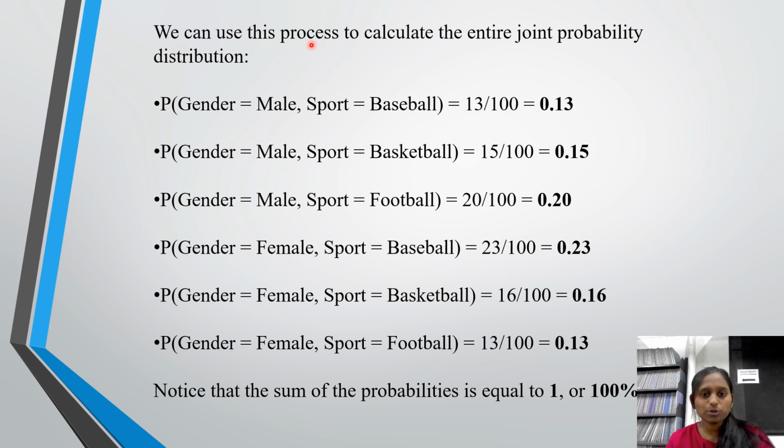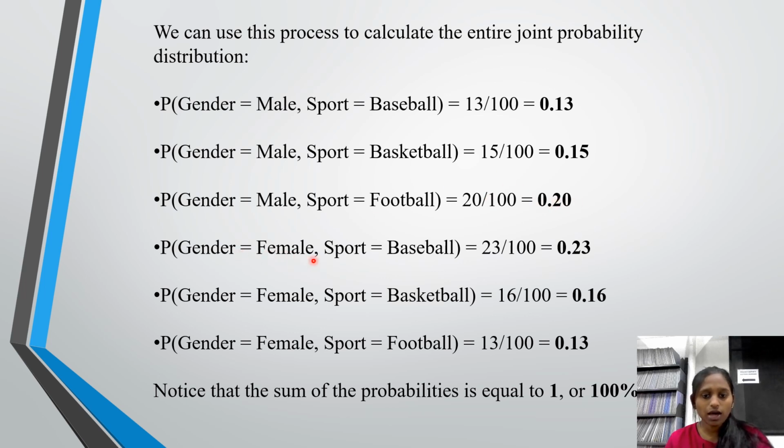We can use this process to calculate the entire joint probability distribution. When gender is male and sport is baseball, that is 13 by 100, which is 0.13. When gender is male and sport is basketball, that is 15 by 100, which is 0.15. When the gender is male and sport is football, there are 20 candidates out of 100, so it is 0.20.